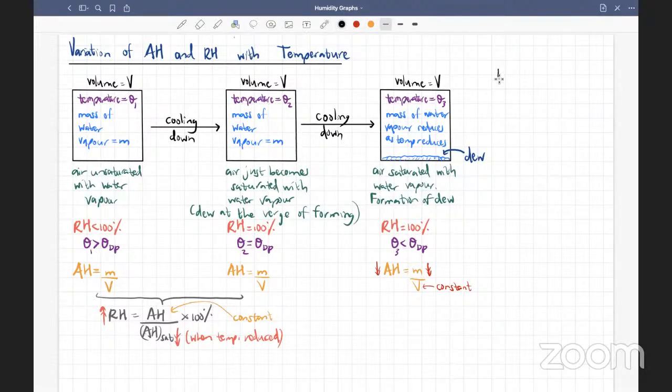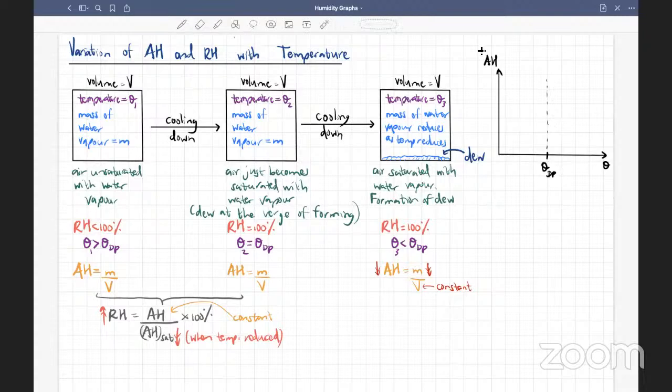So let's start with the absolute humidity graph with temperature. Let me prepare the axis. This is the variation of absolute humidity with temperature, theta. And we all know the reference point. Our reference point is going to be theta dp, the dew point temperature.